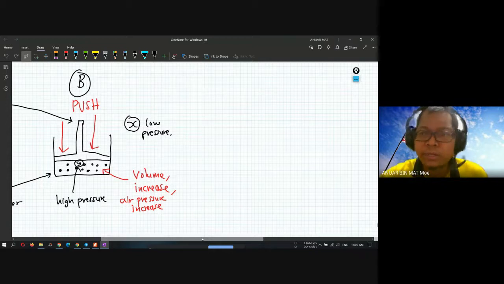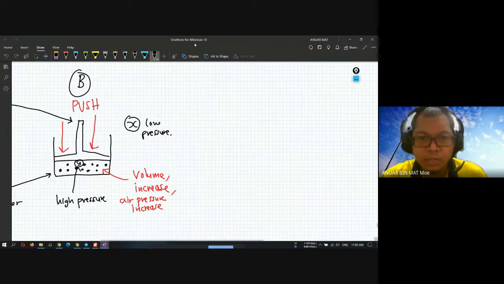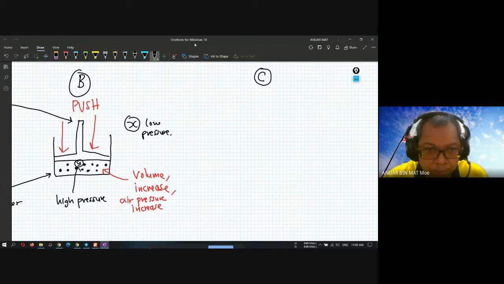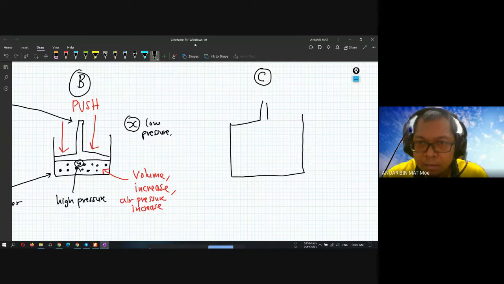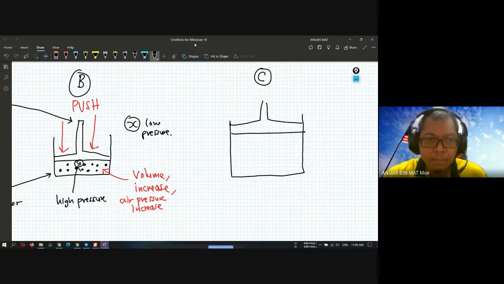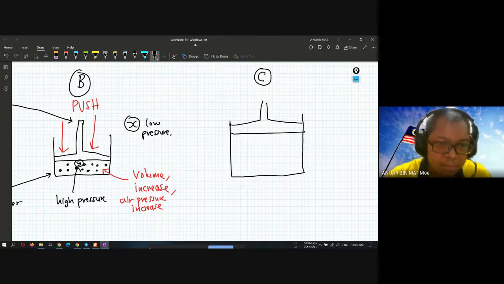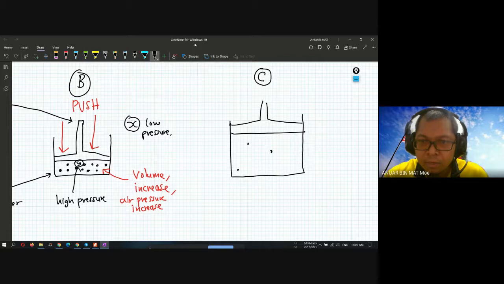Okay, this is situation C. I am using the same container, but this time, how many particles inside? For example, this is 11, right? 1, 2, 3, 4, 5, 6, 7, 9, 10, 11. This is just to show you the particles inside the container.